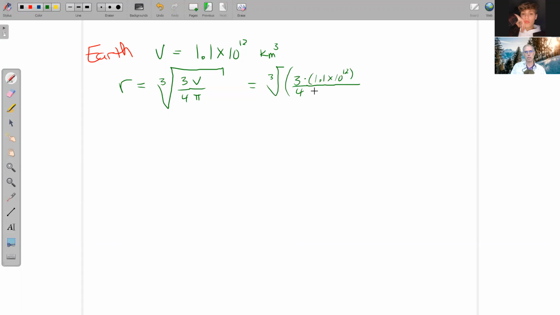And then the denominator, we just need a pi, and all of that is inside the root. On some calculators, you would have to enter that same fraction, but your power would be 1/3 for the cube root. So I'm going to enter it into both calculators, make sure I get the right answer.